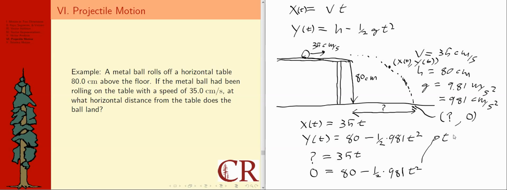If I isolated t squared, I'd add this to both sides, then multiply by 2 and divide by 981. So I'd get 2 multiplied by 80 divided by 981, and that really means t is equal to the square root of all of that, 2 times 80 over 981.